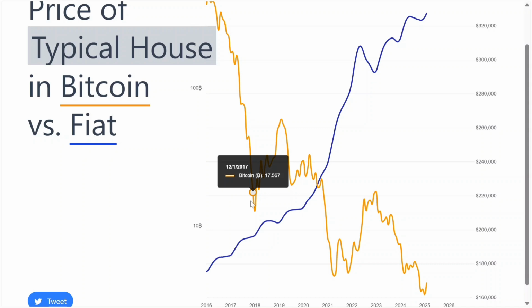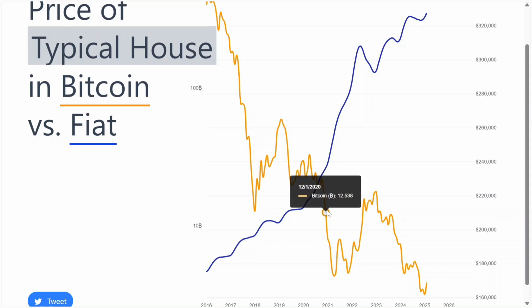That's when the CME releases the Bitcoin futures contracts, and that is the sell the news event essentially that starts dropping the price of Bitcoin. So that local bottom that we see right there is the cheapest in terms of Bitcoin that a house will be until all the way over here in 2020 when it starts to drop again.